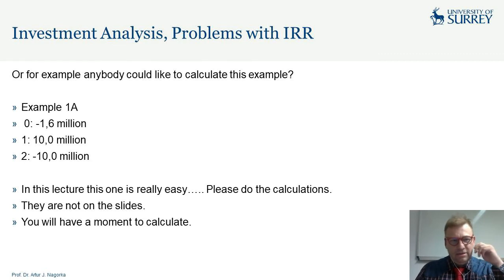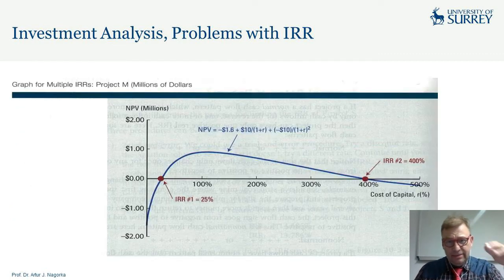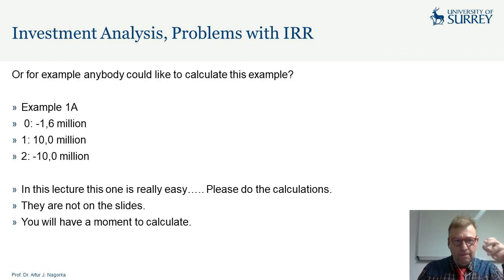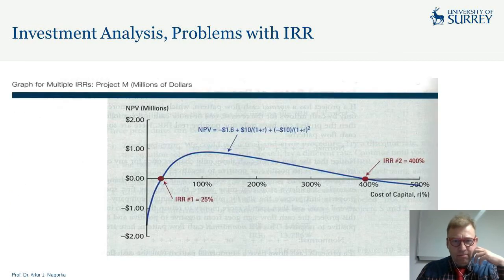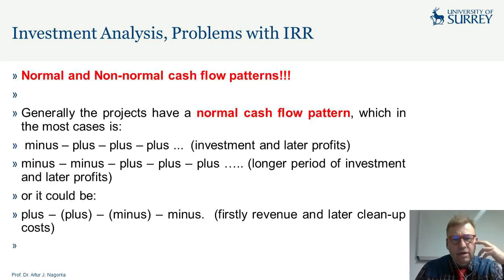This is the illustration of this particular example. It has 2 internal rates of return, 25 or 400.